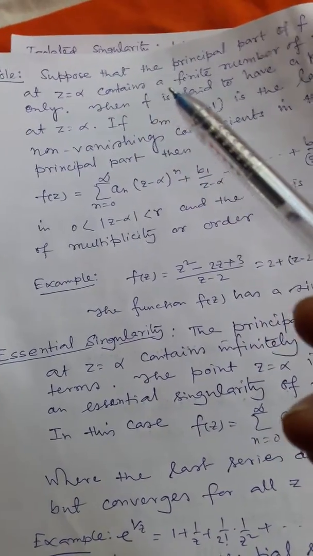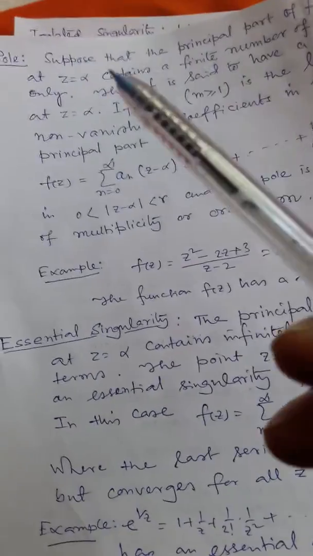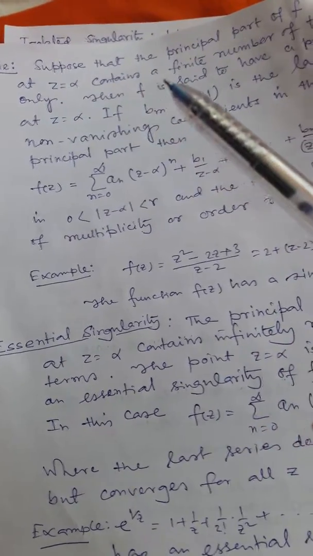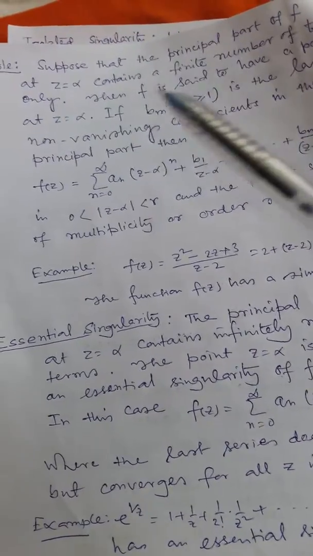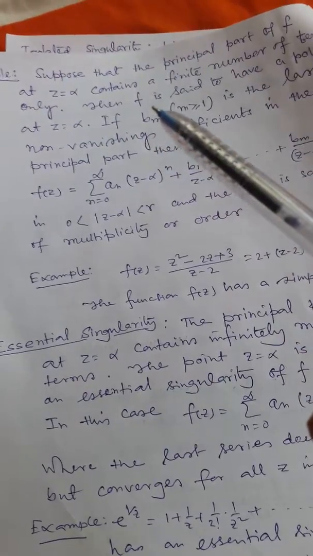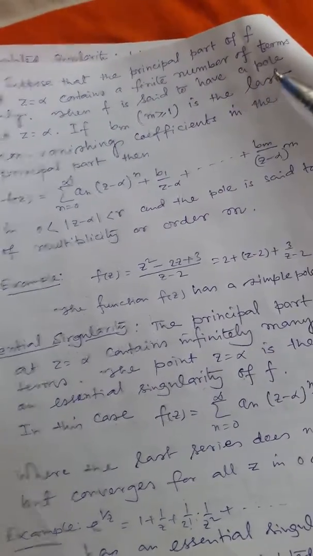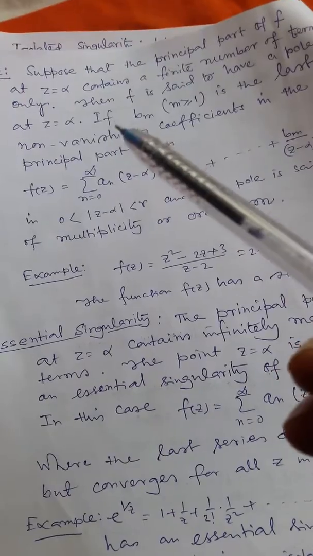Pole: suppose that the principal part of f at z equal to alpha contains a finite number of terms only. Then f is said to have a pole at z equal to alpha.